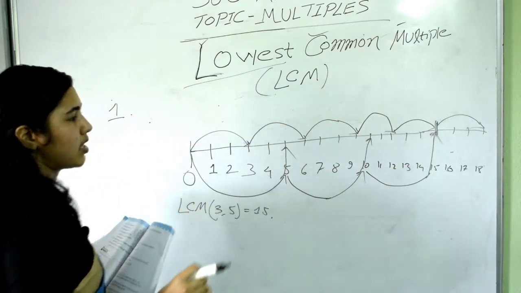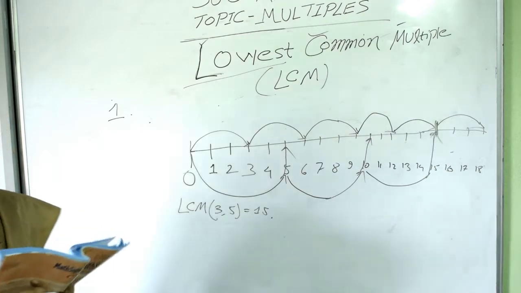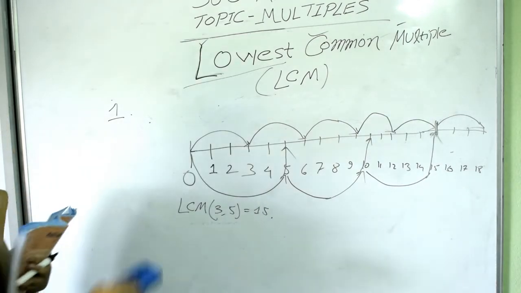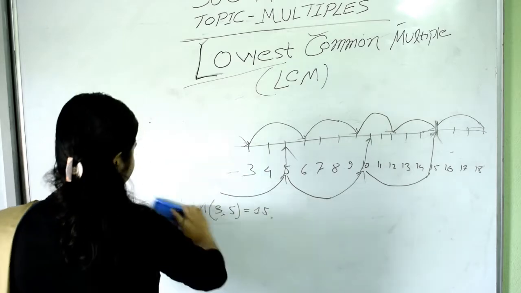So 15 is the least common multiple of 3 and 5. And in this way we have to show it.